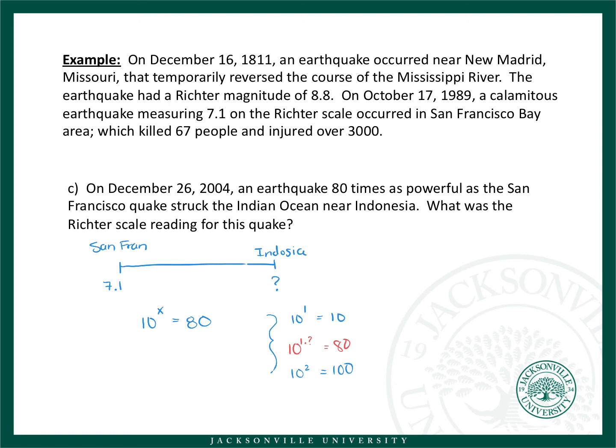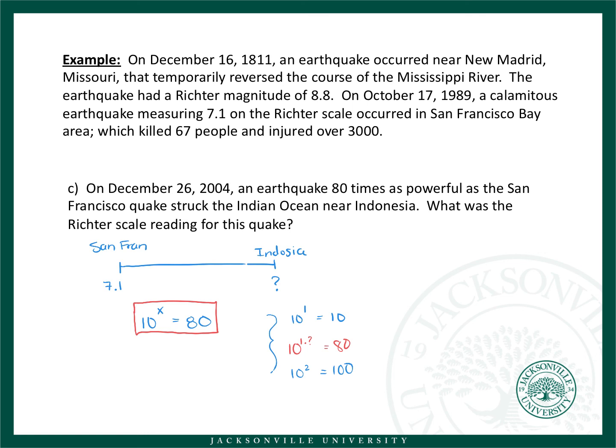So how do we find that power of 10? Again, we see that it's going to be a decimal. This is where it's important for us to understand logarithms. A logarithm allows us to rewrite an equation that's in exponential form.